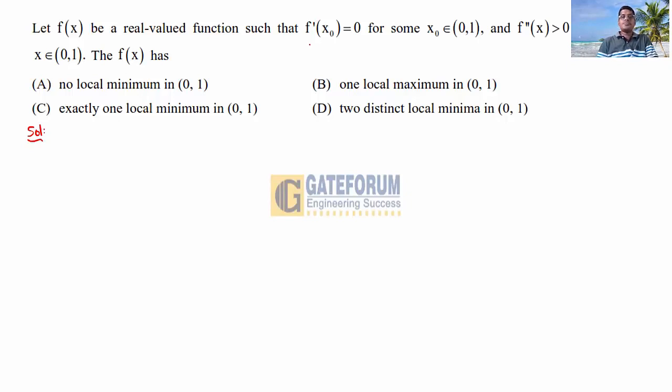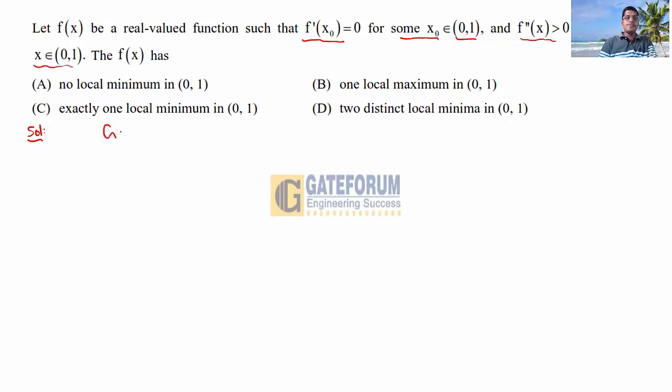So here, this is the condition: when first derivative equal to 0, the values of x obtained from that condition are called stationary points, and second derivative greater than 0 for all x values belongs to the open interval 0, 1. Take care.